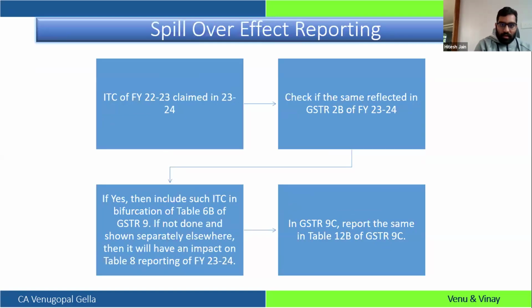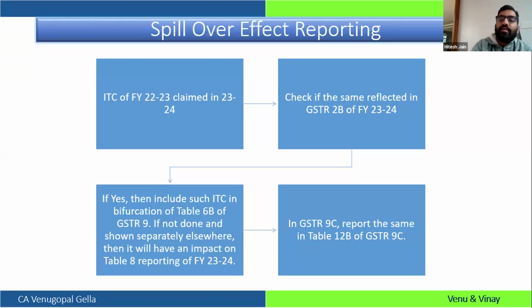Now, another reporting pattern which needs to be seen here is spillover effect reporting. Suppose any ITC of last year, I mean currently we are filing annual returns for 23-24, so any ITC of 22-23 which we have claimed in our 23-24 monthly returns, the reason being the same got reflected in 2B of 23-24 and not of 22-23.